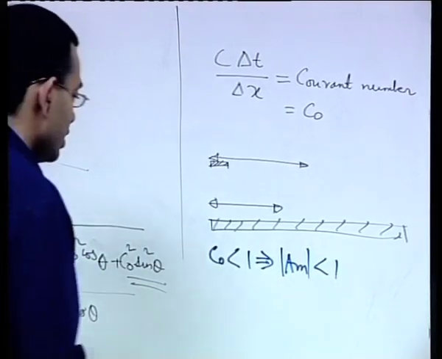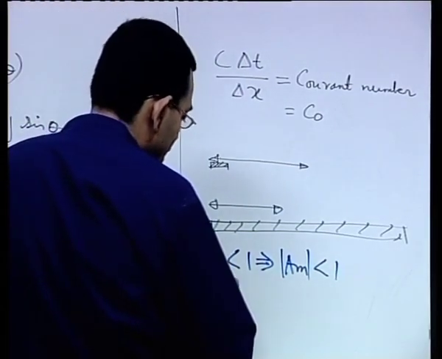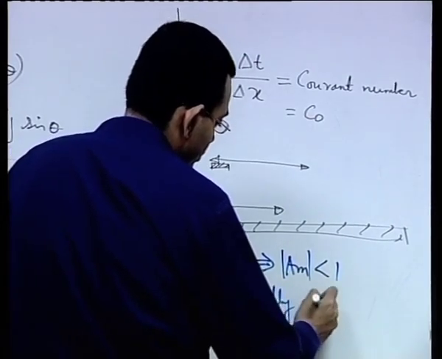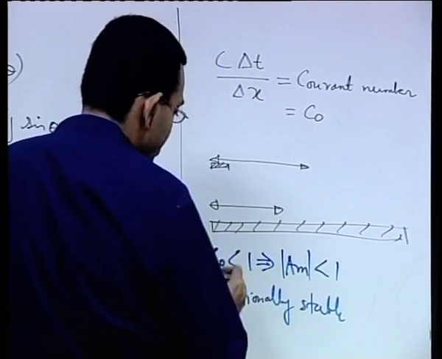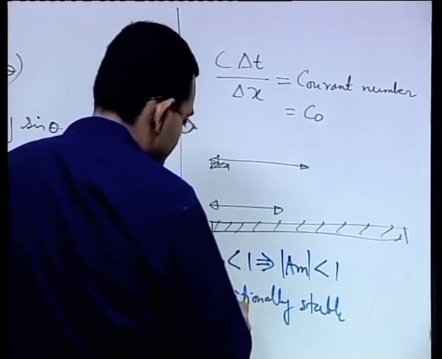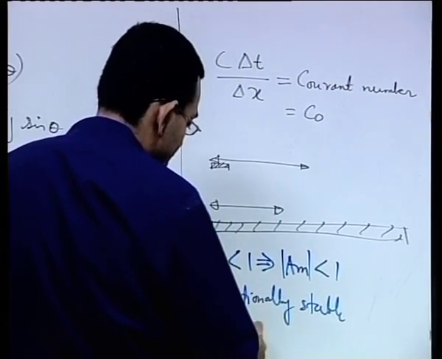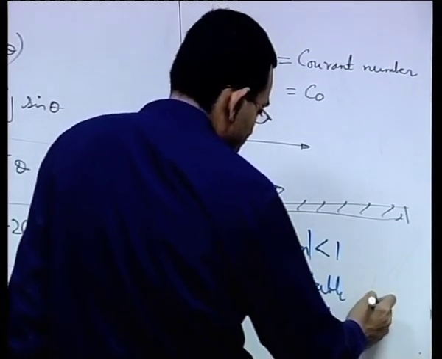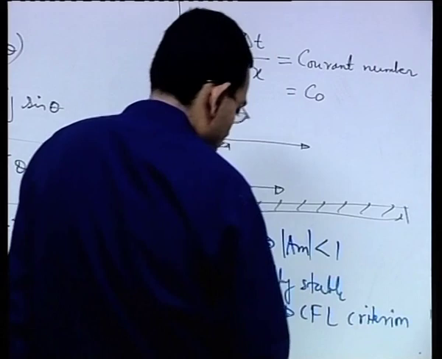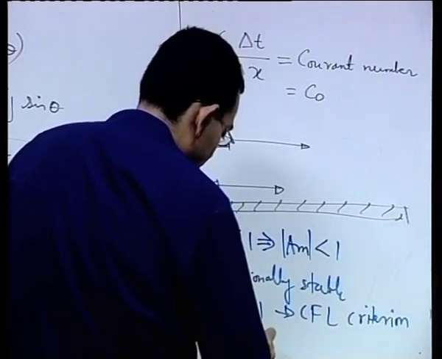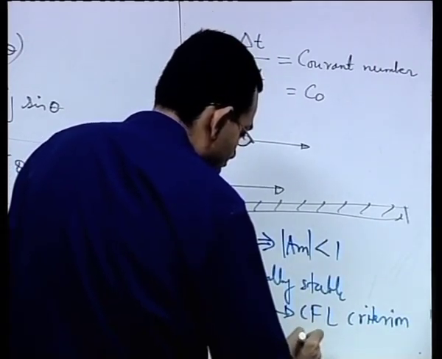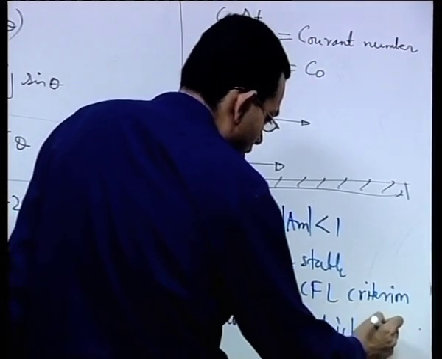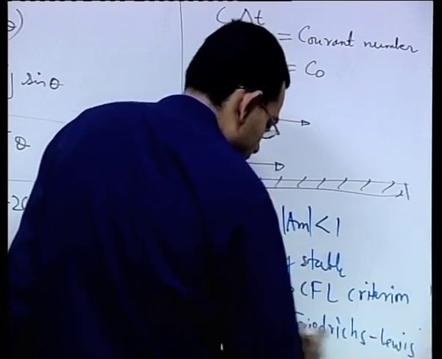So, this scheme therefore is conditionally stable and this particular criterion for stability, that is C delta t by delta x less than 1, is called the CFL criterion, Courant Friedrichs Lewy criterion.